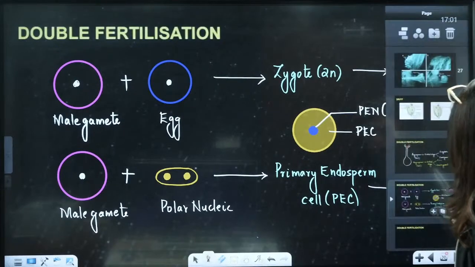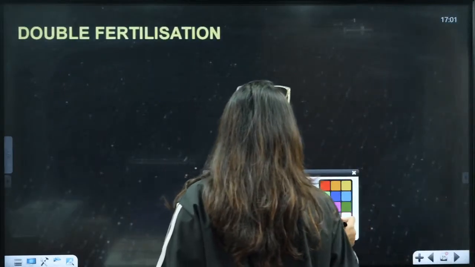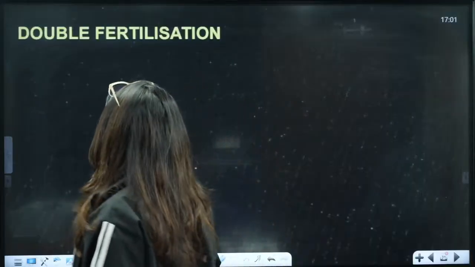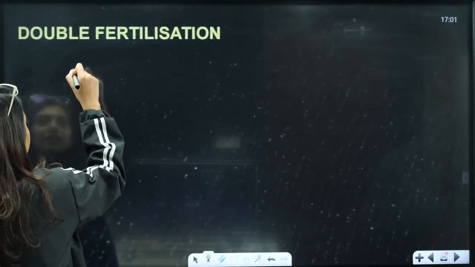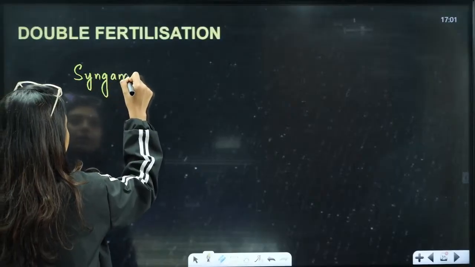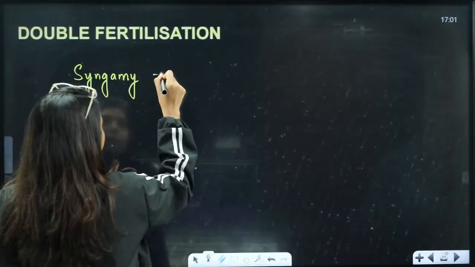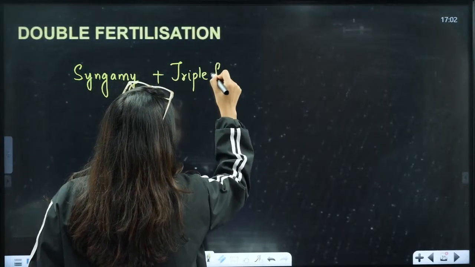Now let's summarize for all of you the double fertilization. What is ultimately going to happen? Double fertilization, what two steps are happening? Double fertilization means syngamy plus triple fusion.